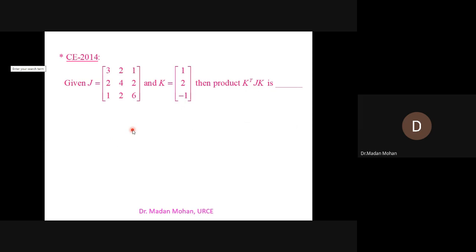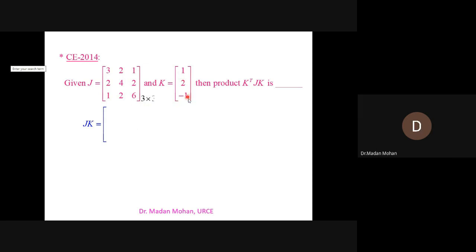You should do rough work. Directly you can't answer. You are asked K transpose JK. First I calculate JK. Now tell me JK. What is the order of J? 3 cross 3. Very good.